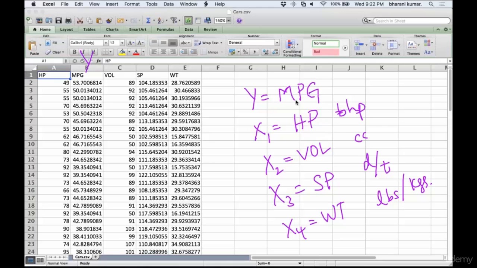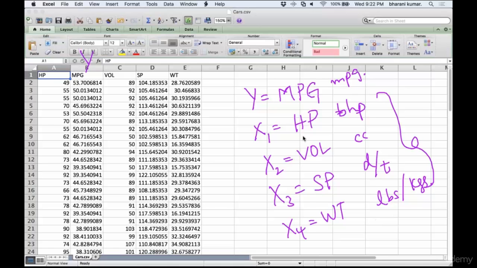And when you want to predict miles per gallon, which is in a different unit altogether, we cannot establish a relationship between all these different units and miles per gallon. You cannot have proper interaction between all these different units. How can you combine weight, cubic capacity, British horsepower, distance over time, miles per gallon?